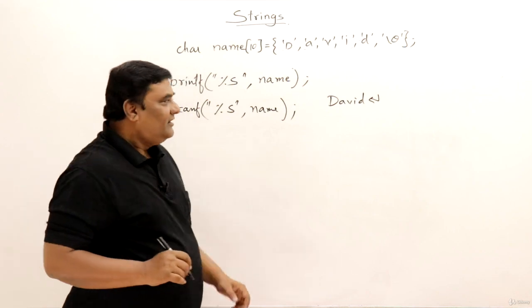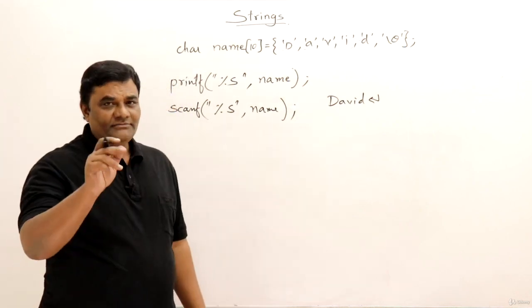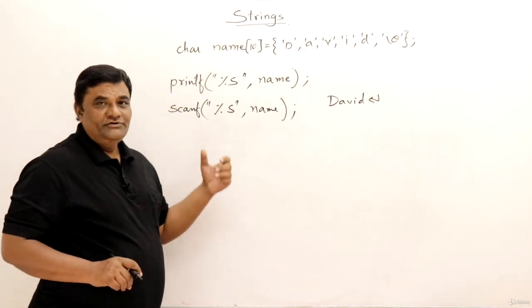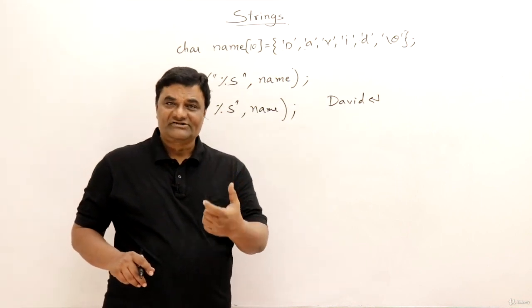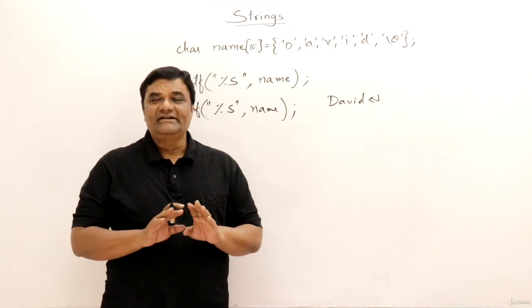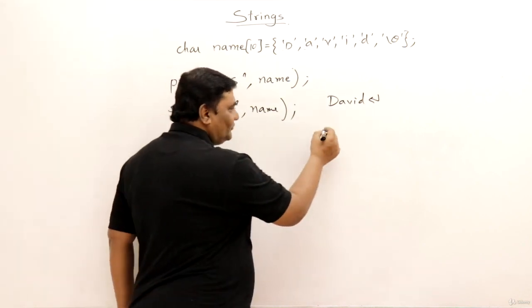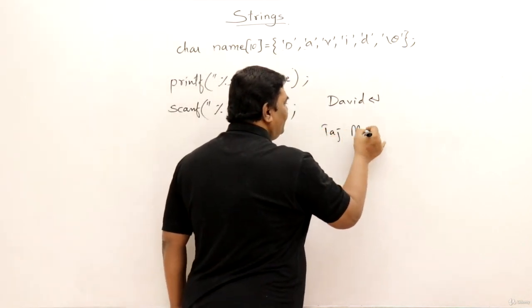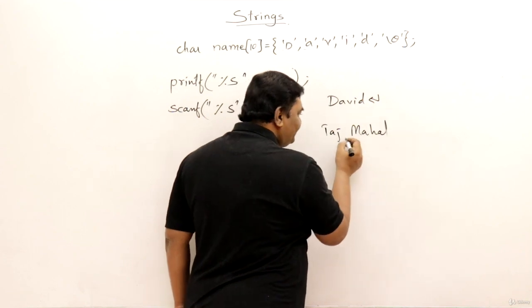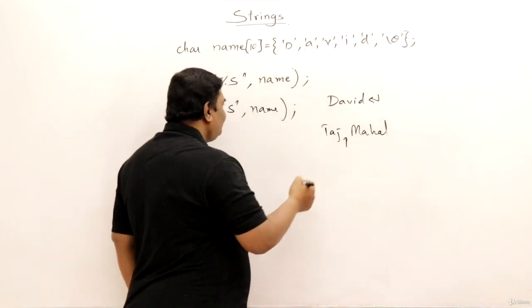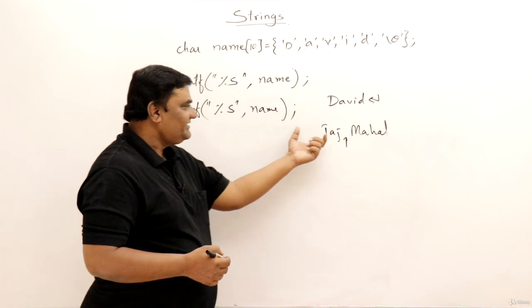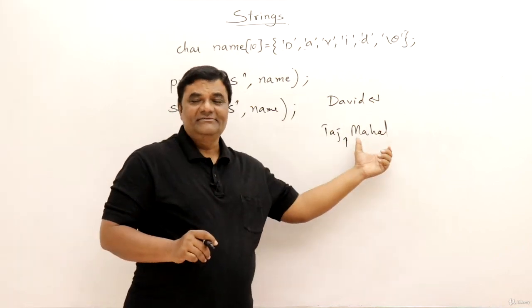Now one more last thing. This scanf is useful for reading just a one-word string. If you have multiple words, it cannot read them. If you are writing a string, like suppose you are writing Taj Mahal, then there is a space in between. If you type this, then scanf will just take the first word, it will skip the second word.